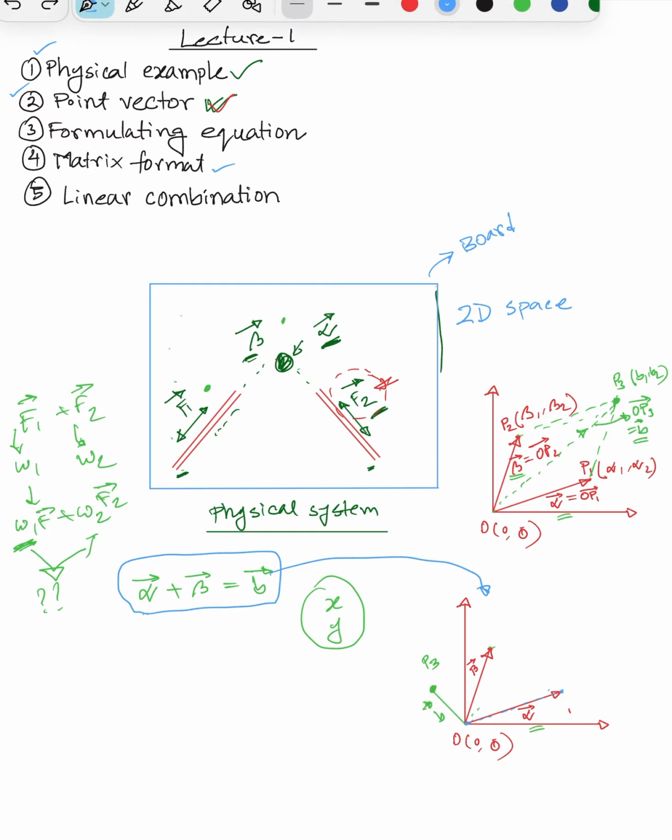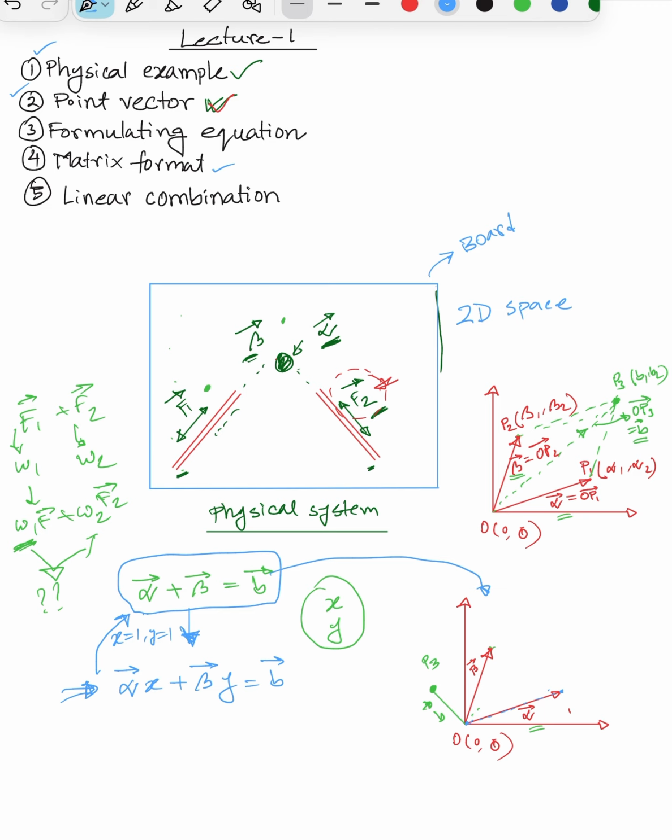So the same equation that we had before, we can turn into a more generalized equation, which is alpha x plus beta y is equal to b. This is just a generalized equation where x equals 1, y equals 1, and then alpha plus beta is equal to b. That is a specific case, but this one is a more generalized case, which works for everything.